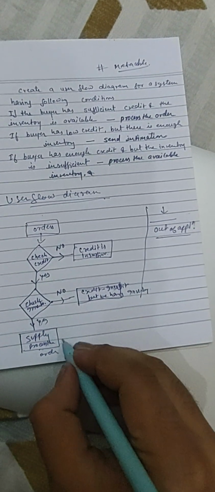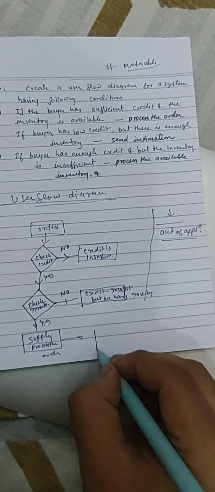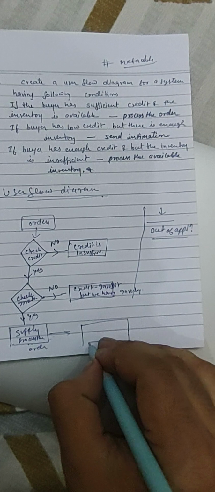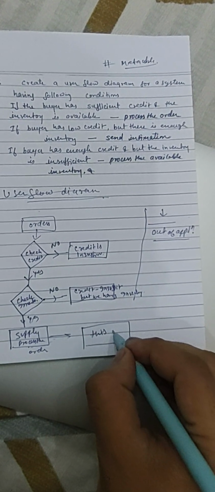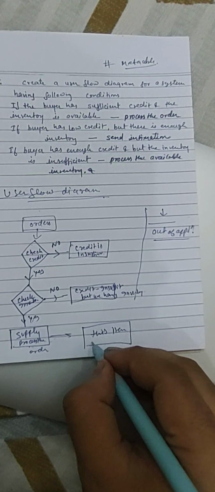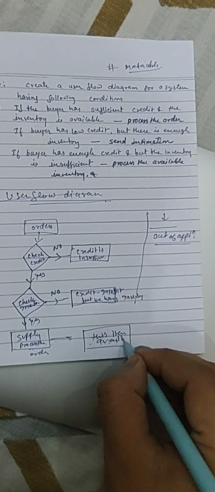If we don't have enough inventory, then we'll send an intimation that we are processing this much amount of the items and will send the rest once they are available.